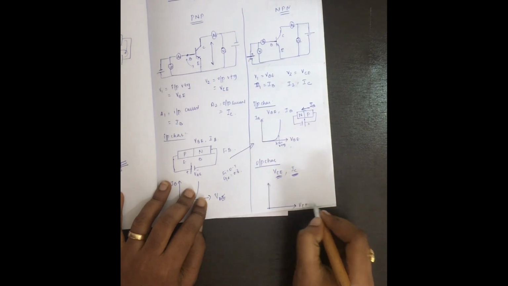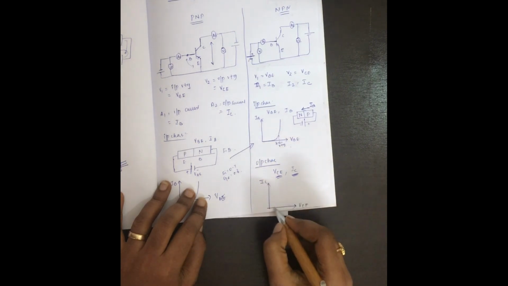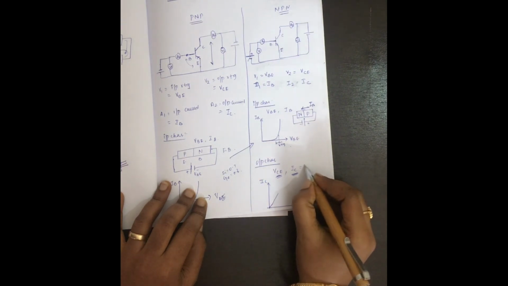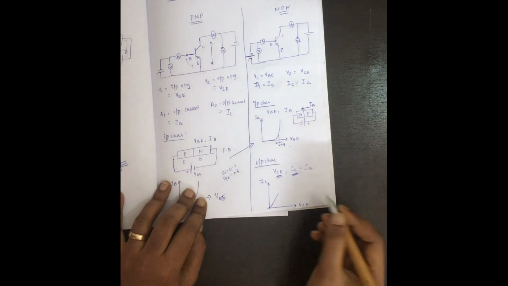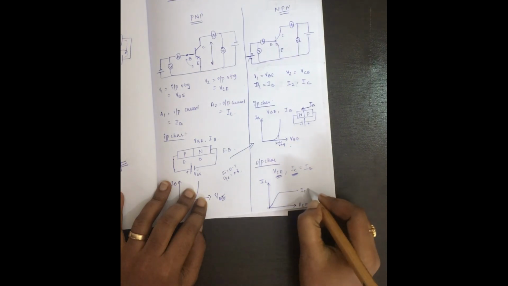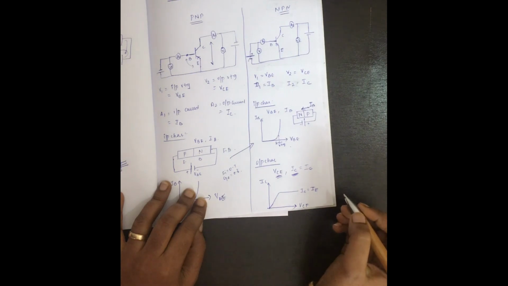So VCE, IC: increasing VCE, IC also increases. If IC reaches its maximum, that is IE, then it will become constant. Then whatever you increase VCE, the collector current remains constant because it reached its maximum current, that is the emitter current.